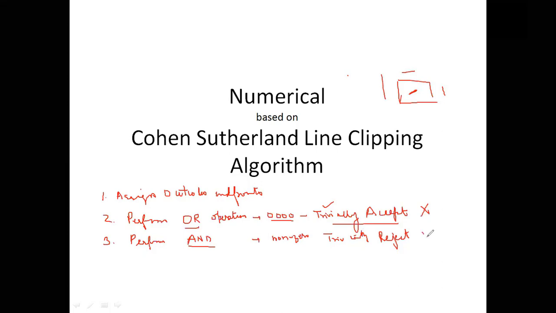If this fails, meaning the line is not completely lying outside the visible region or completely inside it, then in the fourth step we perform an AND operation between the two outcodes, outcode 1 and outcode 2. If it gives the result 0, all 4 bits being 0, it means clipping is required.